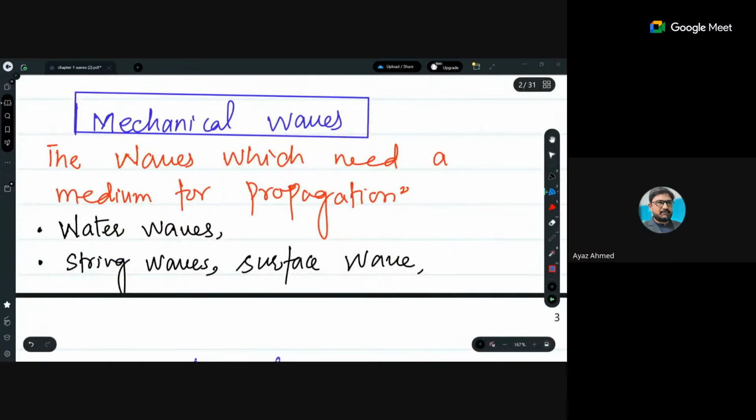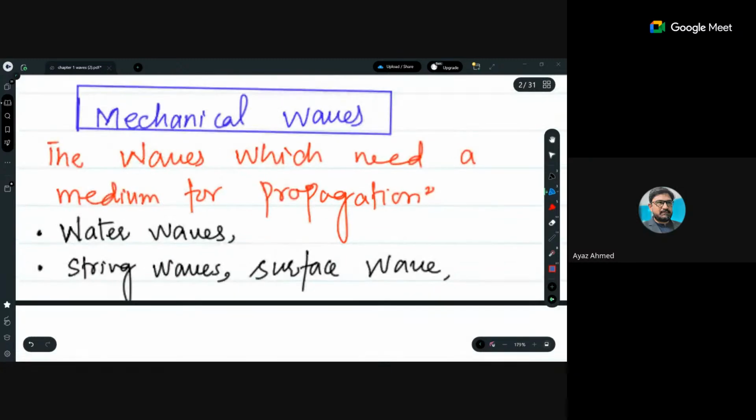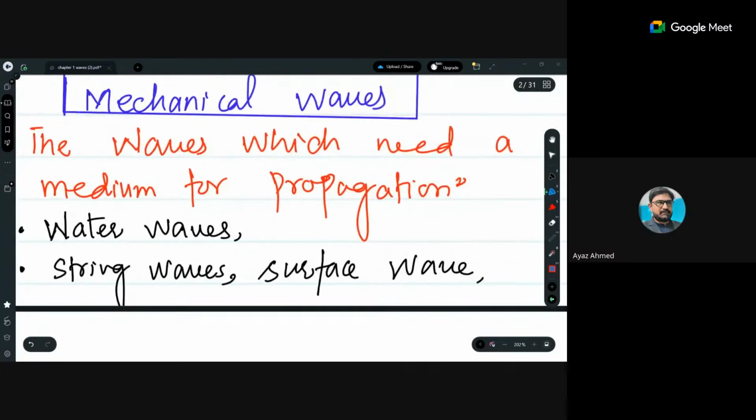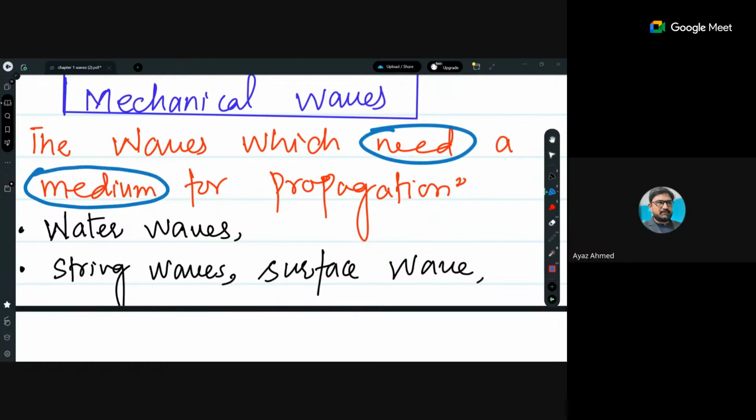Mechanical waves are those waves which need a medium for their propagation. Very simple to understand. A medium is basically required for those waves in which the vibration of particles is required.